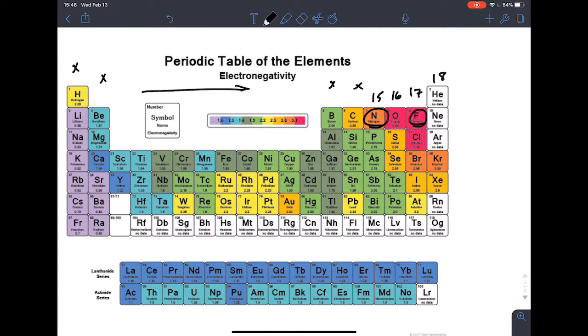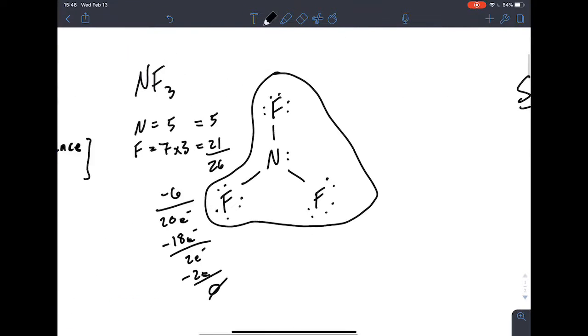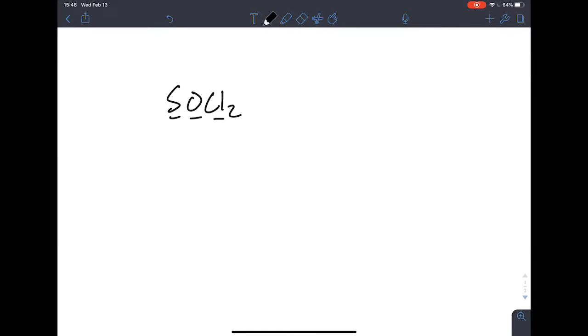Now, for our interests, we are looking at sulfur, oxygen, and chlorine. Now, the lowest electronegativity here is sulfur, and therefore we're going to put sulfur in the middle of this diagram. So if you need to remember that, just remember the lowest electronegativity will go in the middle.